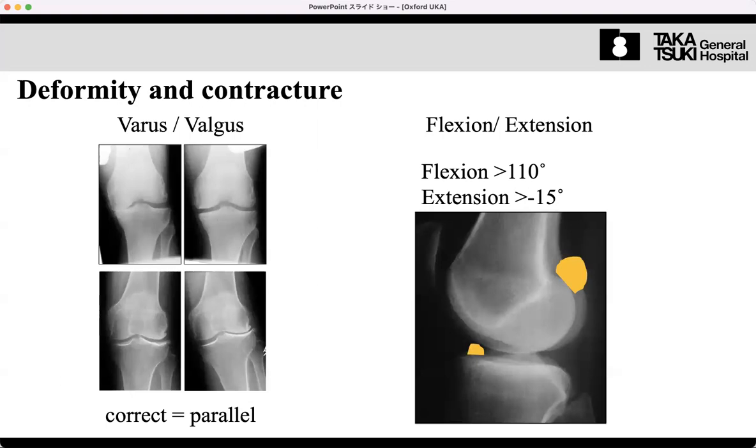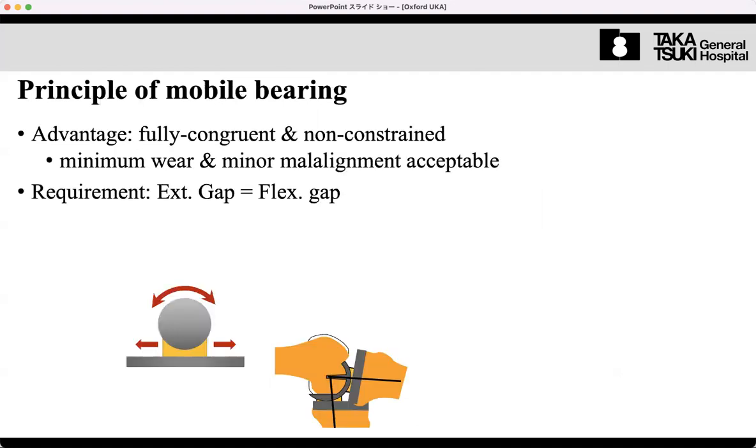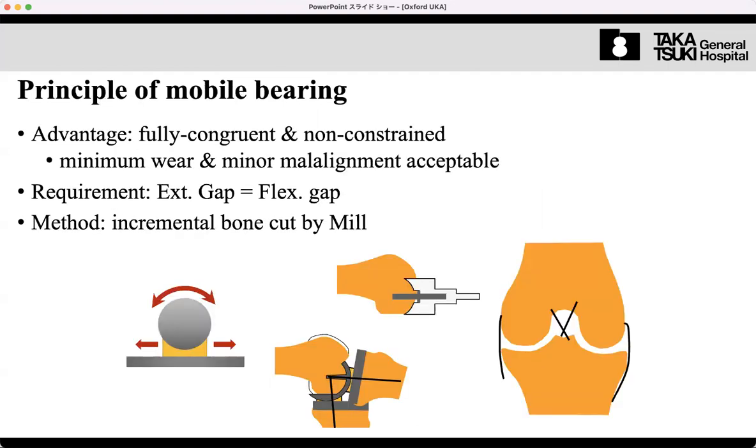So, okay, that is the principle of mobile bearings. Osteophyte removal is very important because if there are some osteophytes that push the MCL or other ligaments, that can underestimate the gap.